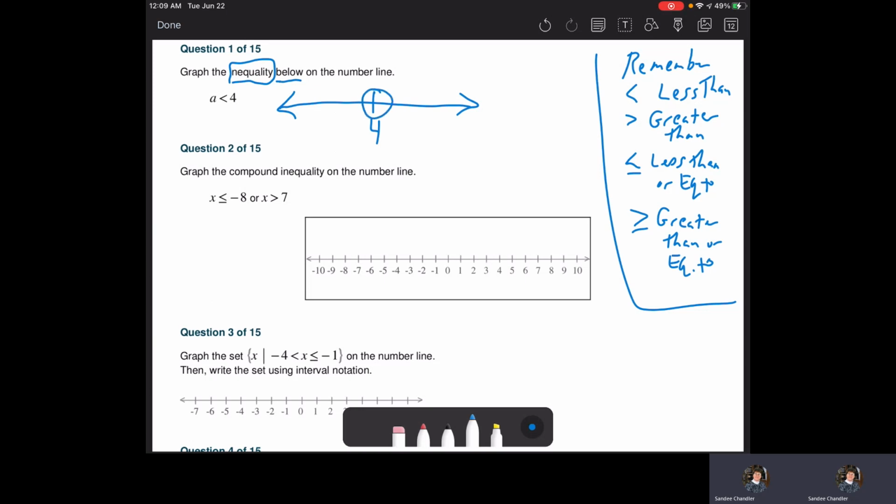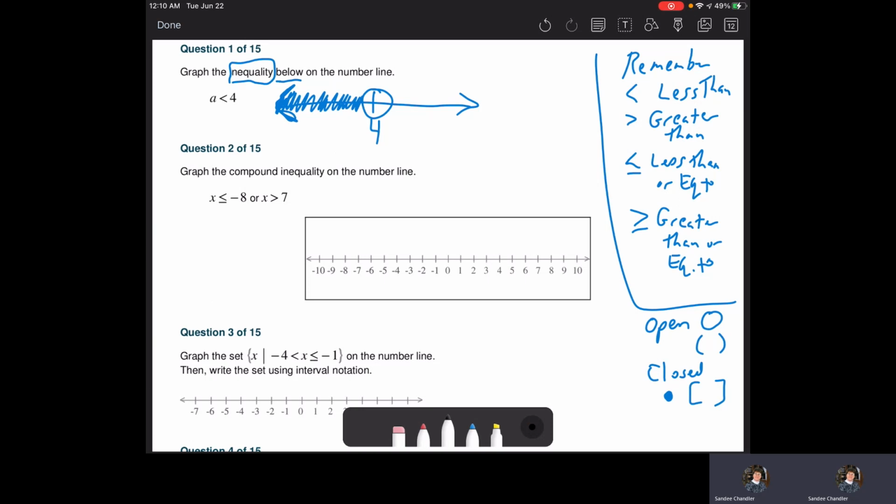We also want to remember that open is a circle or a parenthesis, and closed is a solid dot or brackets, depending on how they want us to do it, and they'll tell you usually in the ALEKS itself. But we'll use the open circle right now. And that says it's less than, so less than 4 is everything on the left side of 4. So we've graphed that.